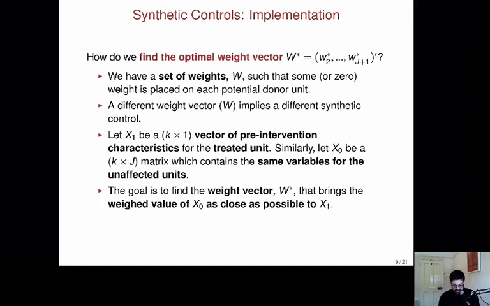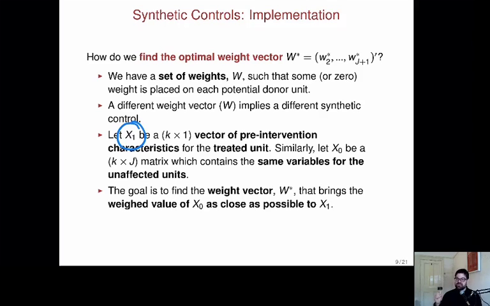So the idea of how these weights are found is as follows. We take characteristics of the treated unit. This is what's denoted by the vector x1, and these can be characteristics that are static, but they can also be pre-treatment outcomes, or time-varying characteristics.